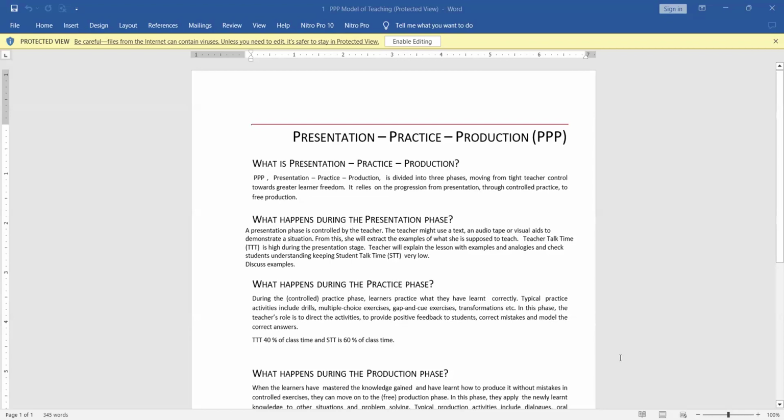So if novice teachers need experience to develop their own lessons, they can use one of the teaching models available, and they can conduct their lessons. It's like that.